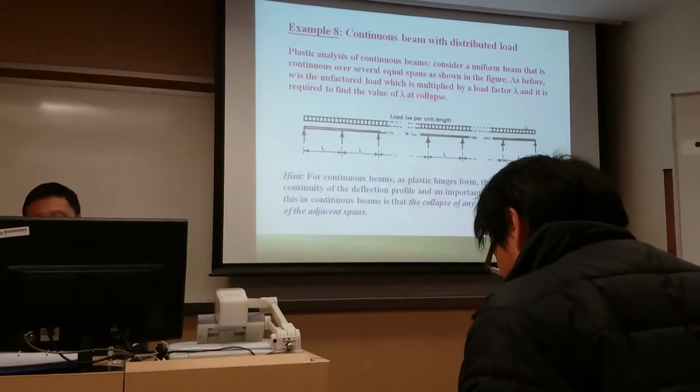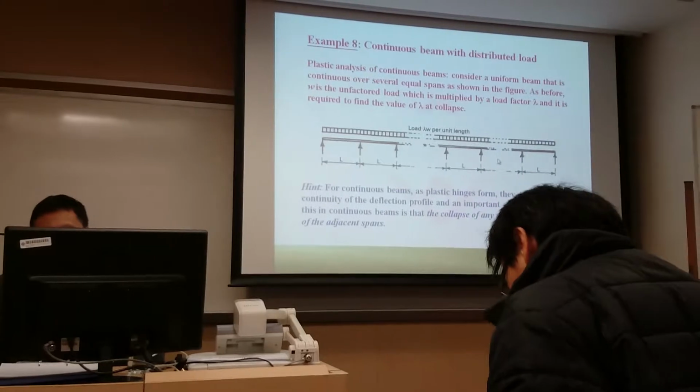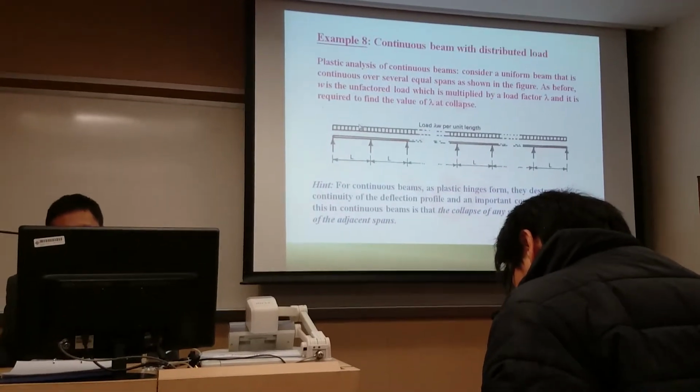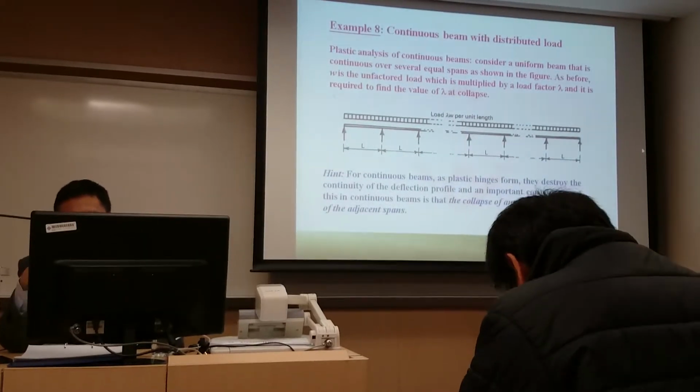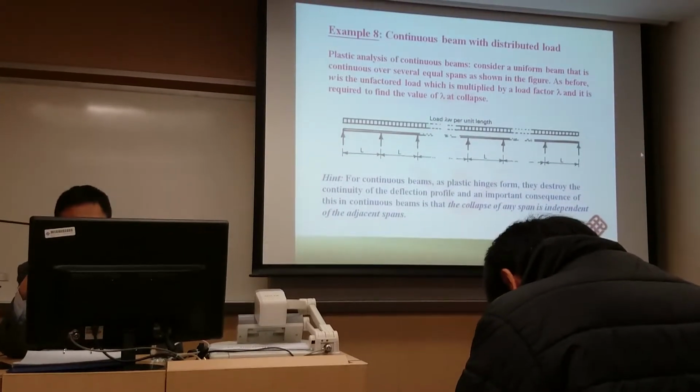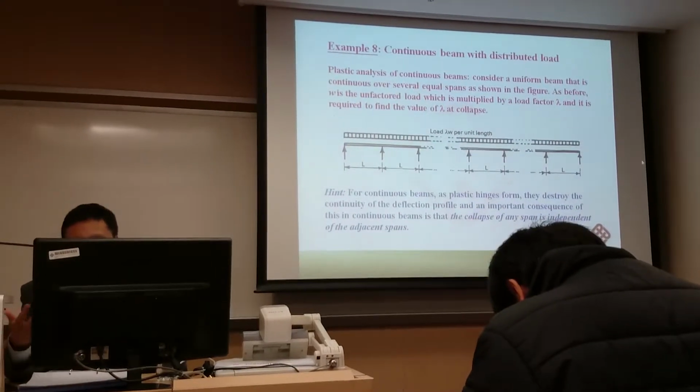And this is a general case, for a multi-span continuous beam, but now the beam is subject to distributed force. When the beam is subject to distributed force, the problem becomes more complicated. Why? Because the force is distributed.